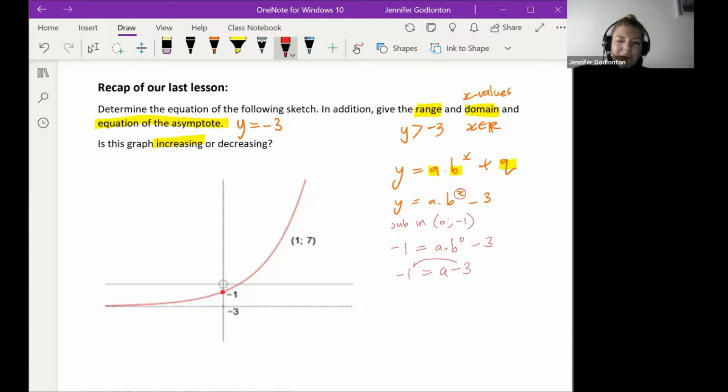I'm going to move my 3 over the equal sign, and -1 plus 3 is going to become 2. So a is going to become 2. So we've got q and we've got a. If you made a mistake with a, then substitute in this a. Make sure you're using a is equal to 2 before you try and find b.